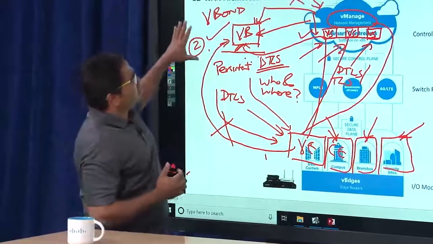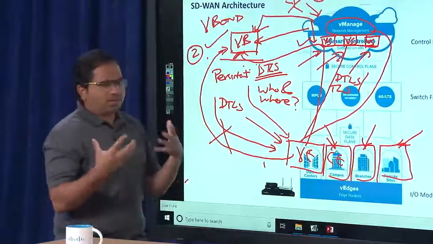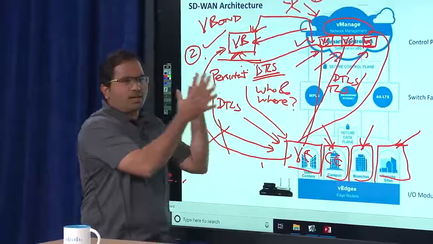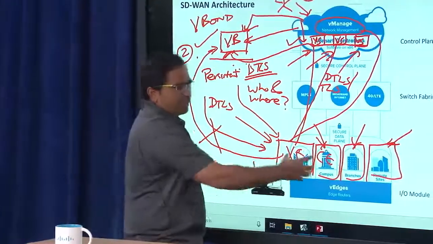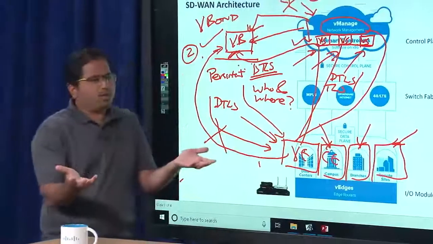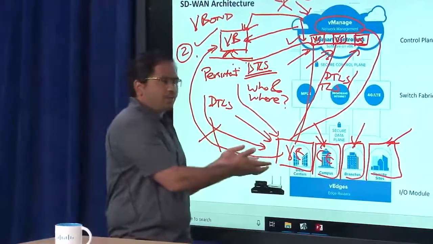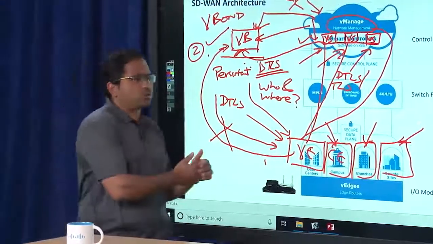So essentially the NMS, the vSmart, and the vBond, the controllers and the management platform are all virtualized, running as software on any hypervisor. The edges may or may not be virtualized depending on your use case. You could run it on a hypervisor itself, or you could have a hardware appliance that Cisco provides.